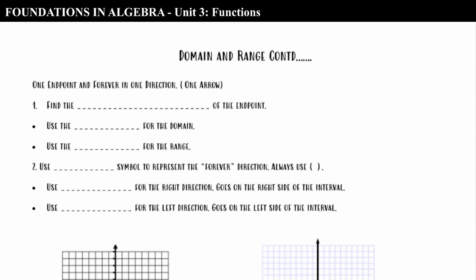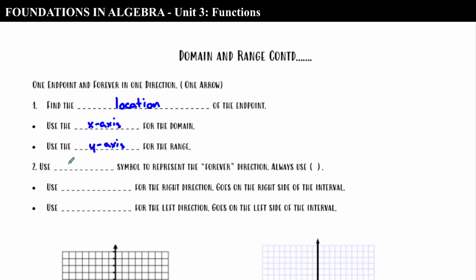Now let's talk about if we have one endpoint and forever in one direction. Okay, so we have one endpoint and then we go forever in the other direction. First, we're going to find the location of the endpoint. Again, we're going to use the x-axis for the domain, and you're going to use the y-axis for the range.